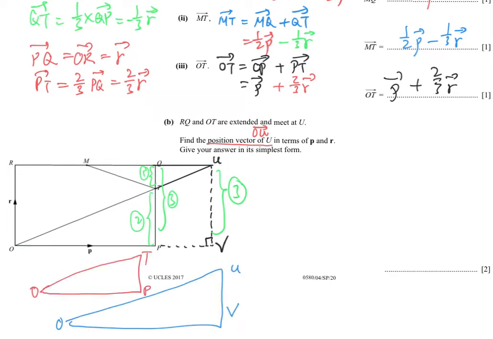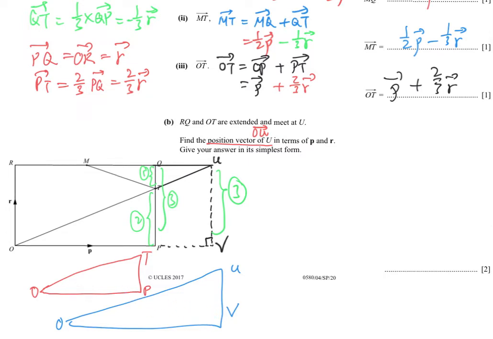When you look at OPT and OVU, they are similar. But why? You can just check it. First of all, the angle TOP is equal to the angle UOV because they are a common angle. And then the angle OPT is a right angle, and the angle OVU must be a right angle too. So these two are equal.